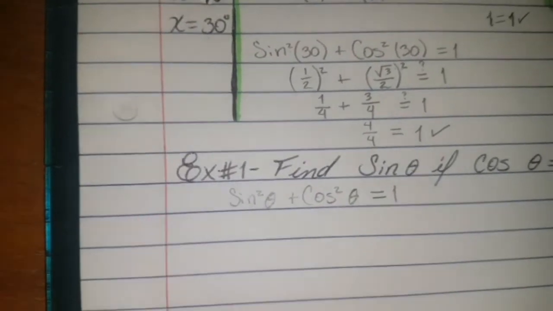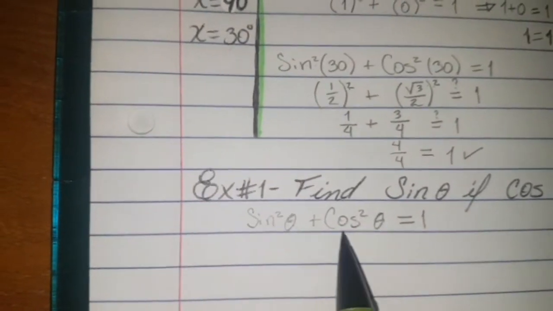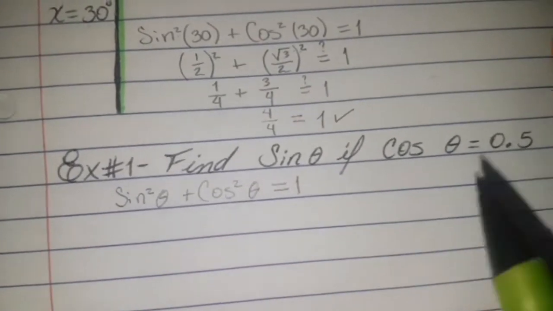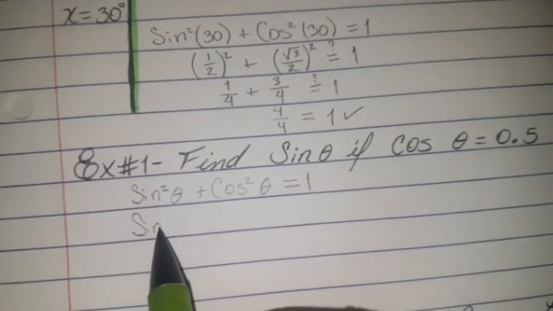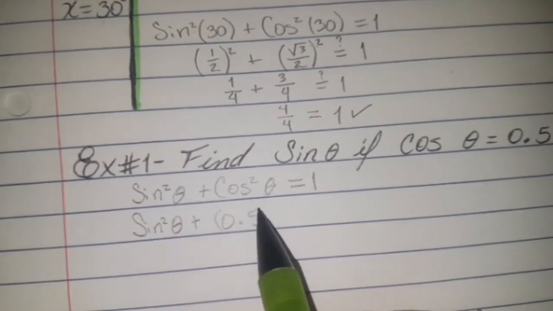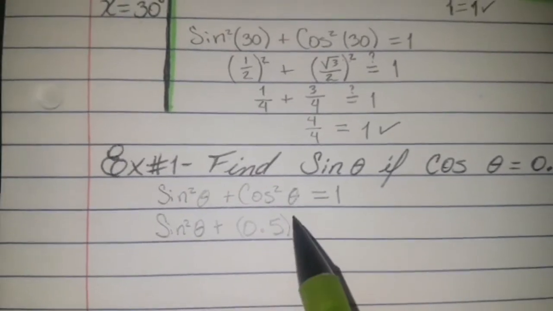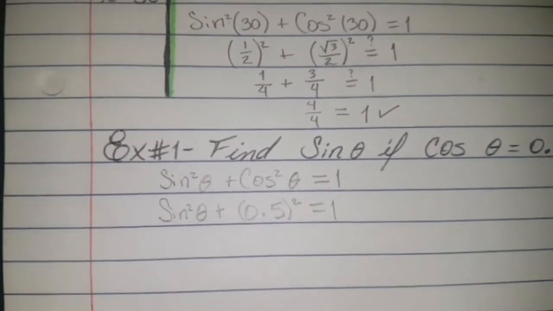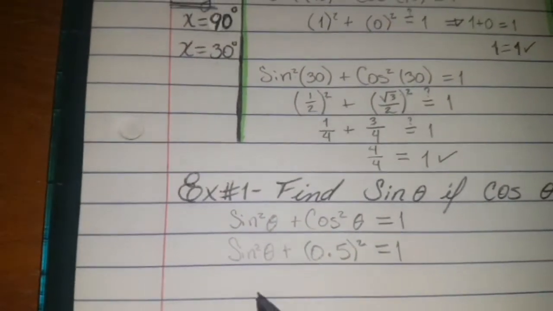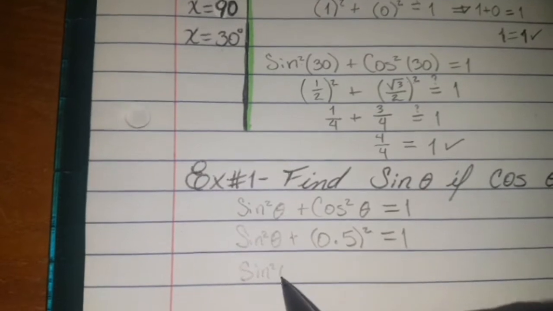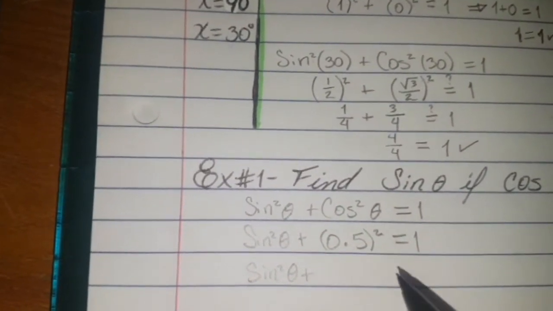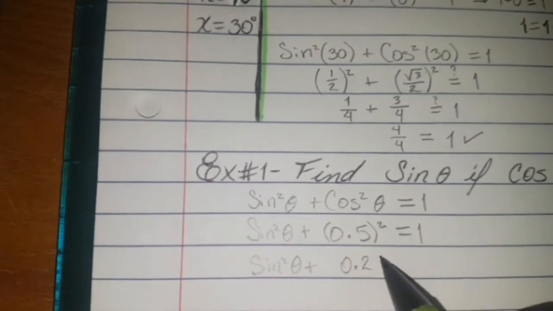So let's substitute. We're finding sine, and they're giving us cosine of the angle, which is 0.5. So sine to the second power of theta plus 0.5, substituting cosine of the angle, to the second power must equal 1. Let's simplify the power first. 0.5 to the second power, according to your calculators, is 0.25.